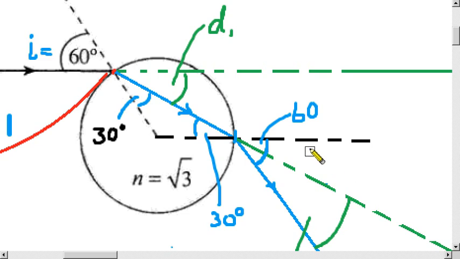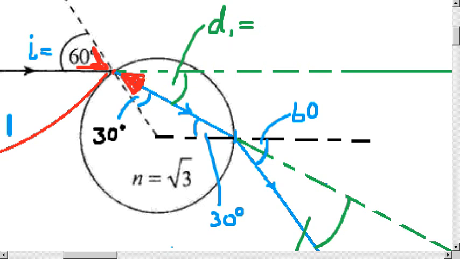So now we have to find out the value for D1. So we can find it easily using the trigonometry that we know. So this angle totally is 60 degree. So it is in front of this angle. So this angle totally must be 60.